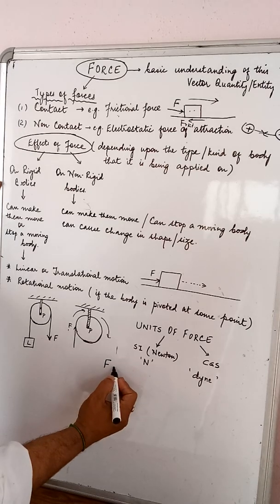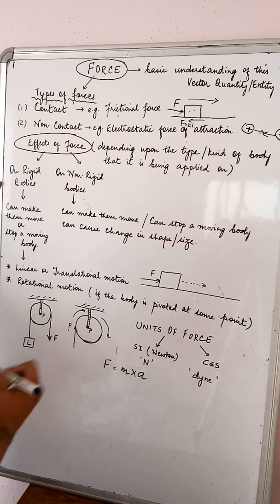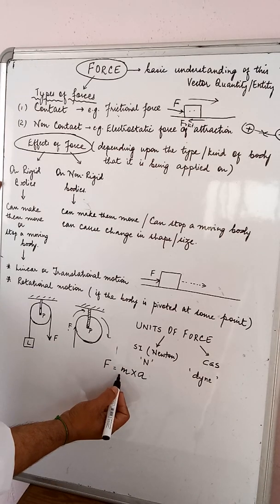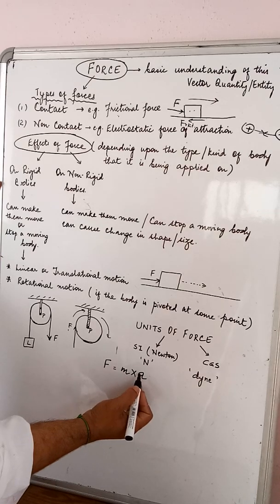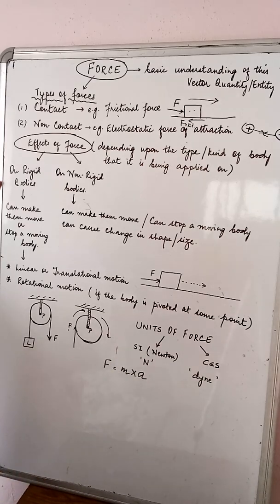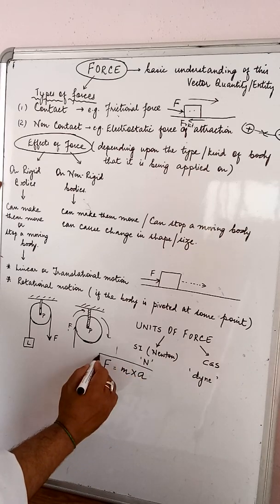In the 9th standard there was a formula that we had studied under Newton's second law of motion: F is equal to m into a. This is the force, this is the mass and the acceleration produced in the body. F is equal to ma was the formula that we had studied in the 9th standard.